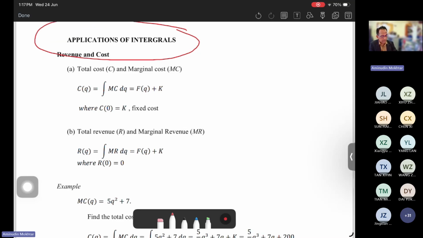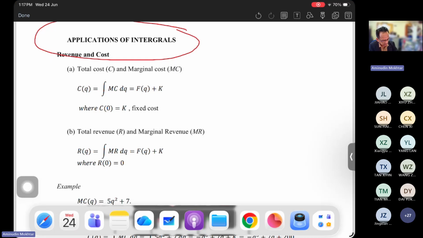Okay, the first part. Now I will explain how to apply integration in terms of revenue and cost. Again, in terms of revenue and cost, we have total cost, total revenue, and then we have marginal revenue and marginal cost.